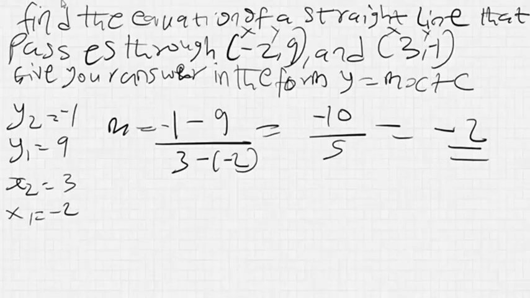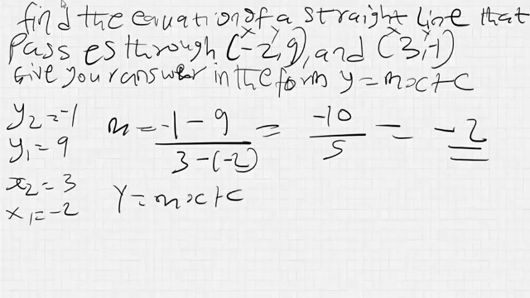Remember, this is the equation y equals mx plus c. To get our c, we can make use of any of the points, either the first point or the second point. Any of them will give us the same value for c. Let's use the first point here, that's -2 and 9 respectively. When our y is 9, our x is -2.